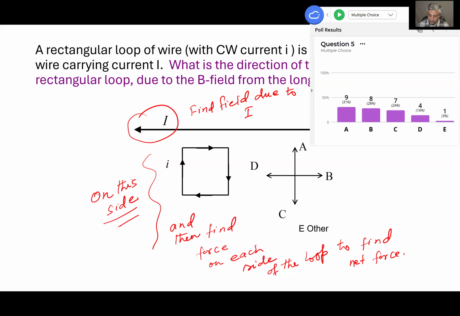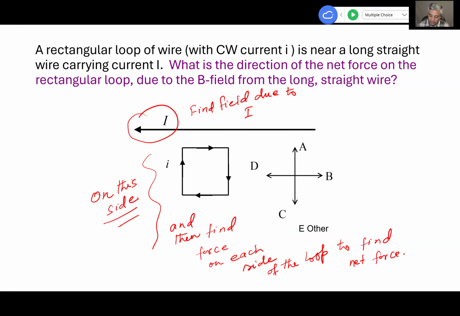Let's see what we got. Oh, we got all of them. It kind of starts from A and kind of decreases.